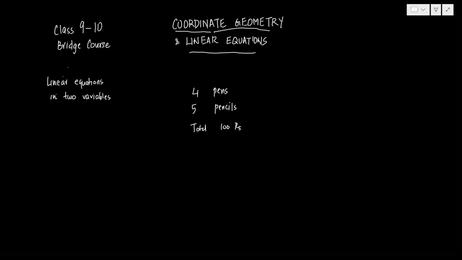But you forgot what was the cost of one pen and what was the cost of one pencil. But you want to express this in mathematical form. How do you do that? Let us say you declare a variable for the cost of a pen, and declare a variable for the cost of a pencil.